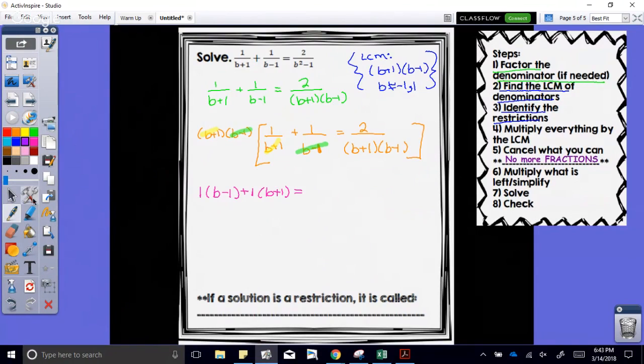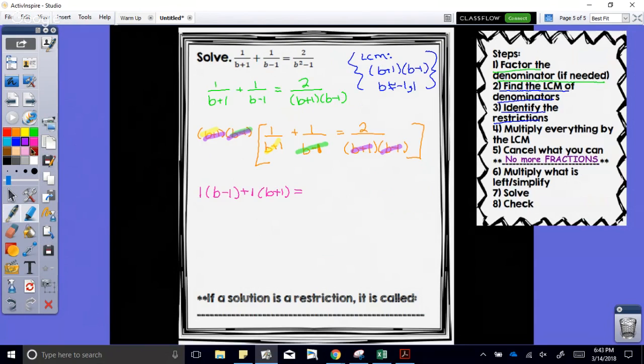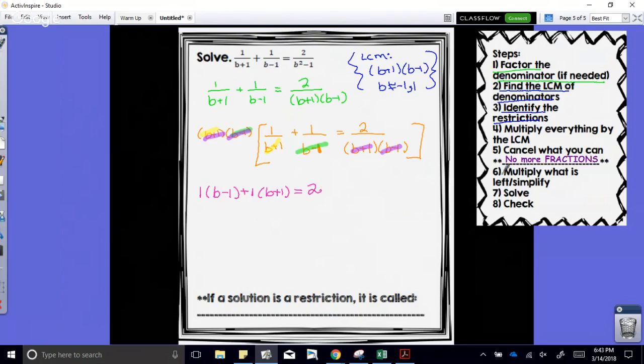And in the last piece, the b plus 1s and b minus 1s would cancel, so all I would be left with is the equals 2. So now we can multiply by what's left, and we can simplify.